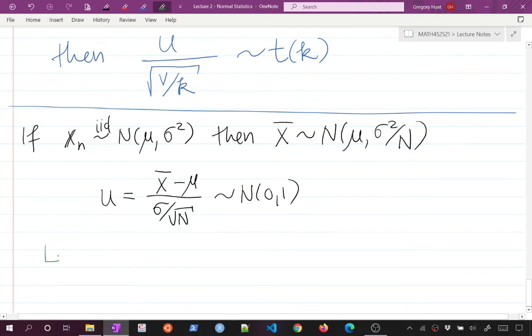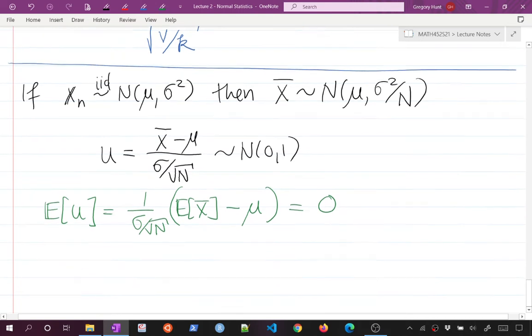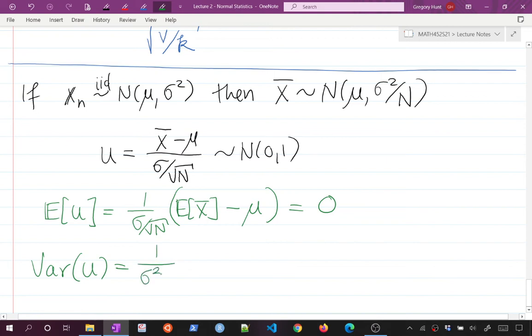It's easy enough to show that the expected value of u is, well, I can just pull out the 1 over sigma over root n, and I just get the expected value of x bar minus mu, which is surely 0. And I can show that the variance of u is, again, I can pull out, in this case, I have to square everything.